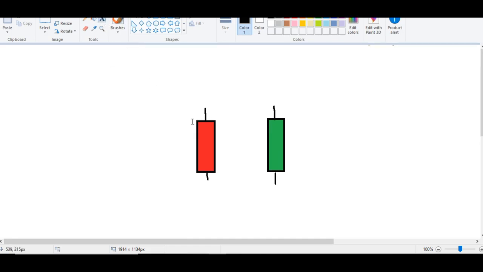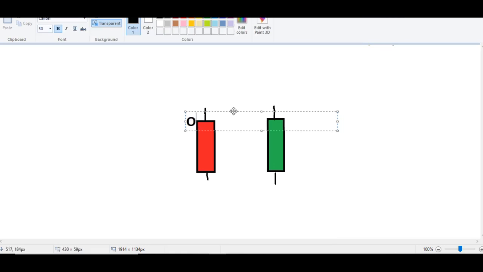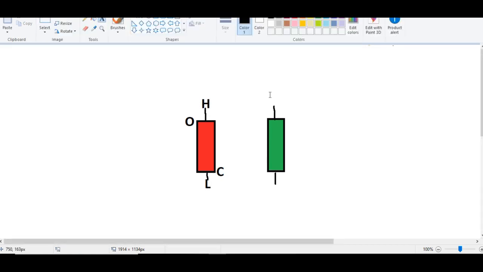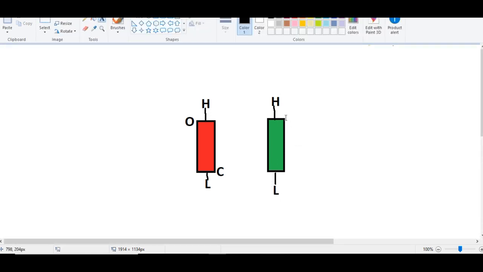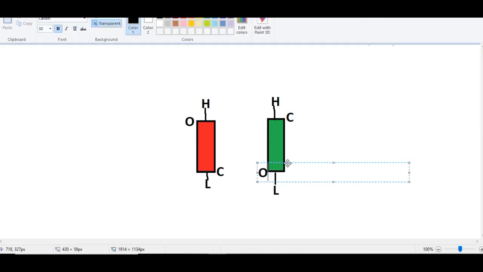We discussed that this is the opening, right? This is the closing. This is the high price and that's the low price. And in a green candle, high and the low are the same. This is the closing and this is the opening price.